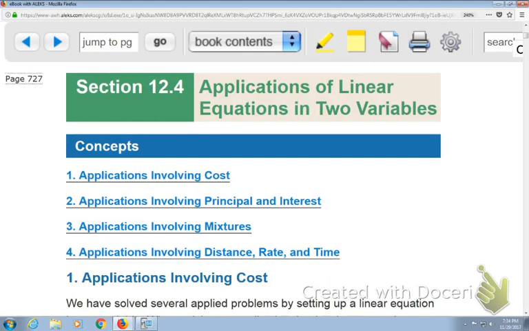So I promised you this last test. The last test had no word problems, right? This one does. So in 12.4, applications of linear equations in two variables. Good news, bad news. Most of these are applications we did before.